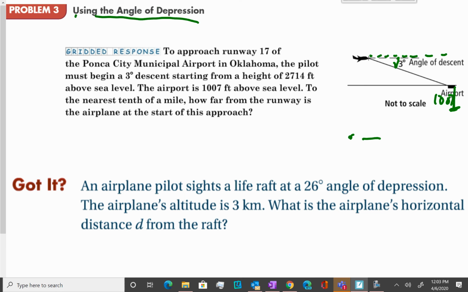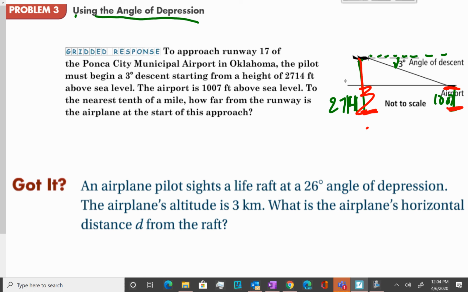So we know that from the airplane to sea level is 2714, and this is 1007. If we take the difference between those two, if we subtract this distance, that'd be gone, and so we'll be looking at this distance right here.